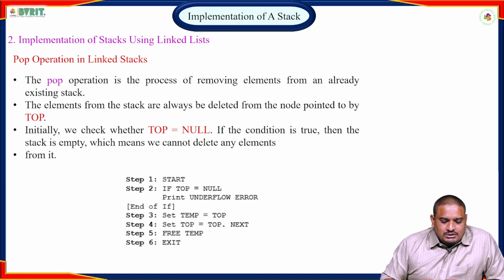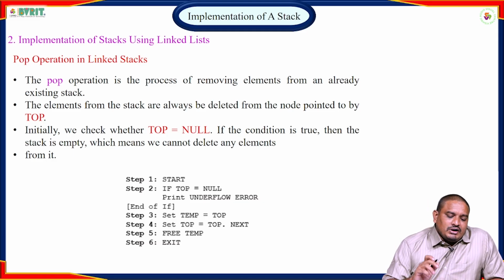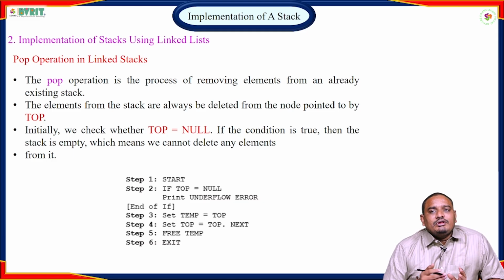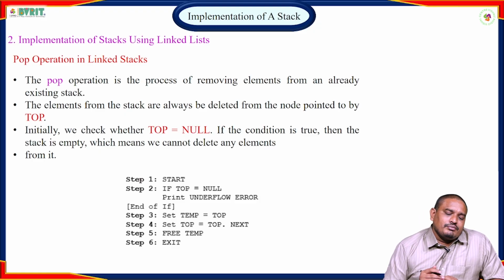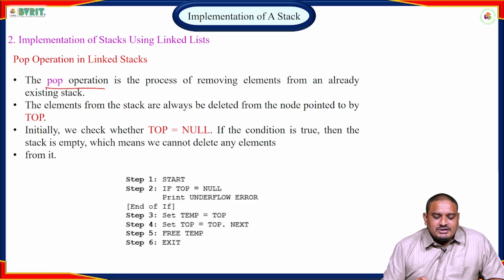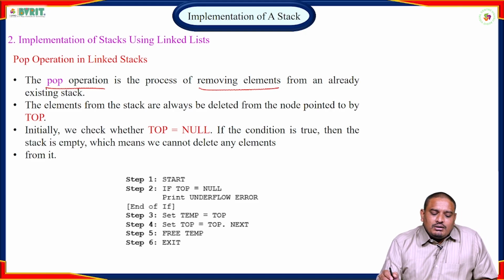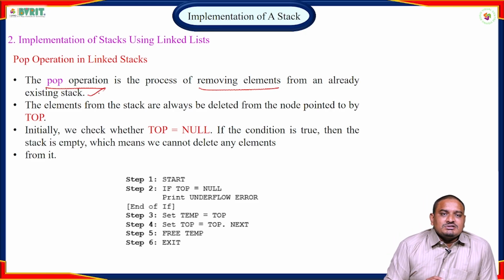See this pop operation using the linked list. What is the pop operation? It removes elements from the linked list, from the existing stack. Simply, the pop operation is the process of removing elements from an already existing stack.